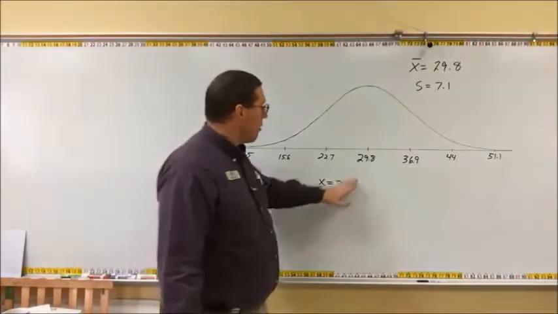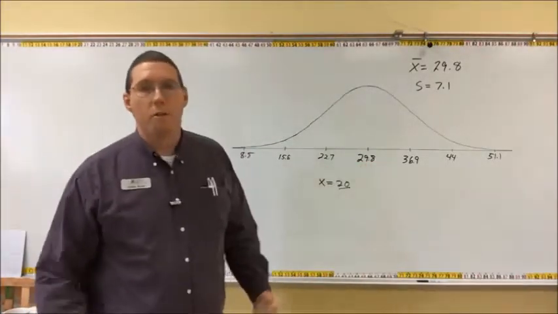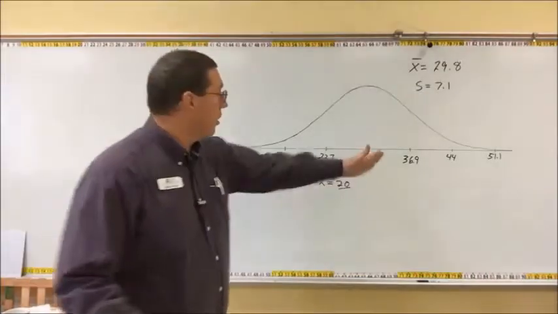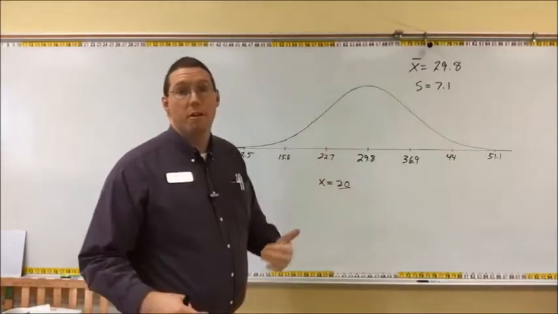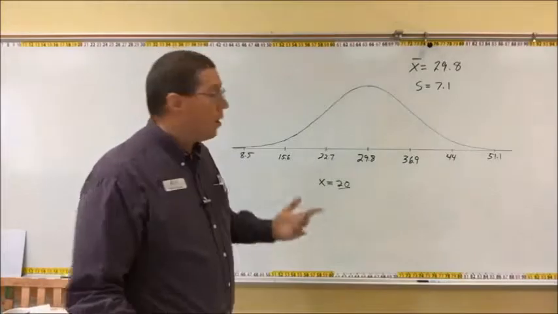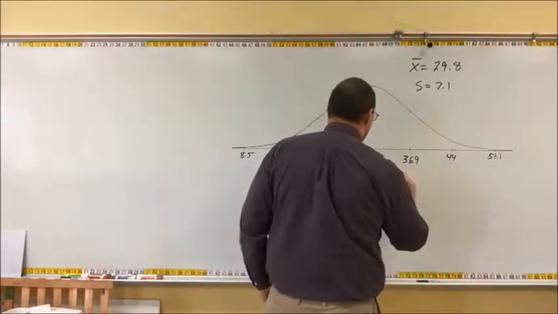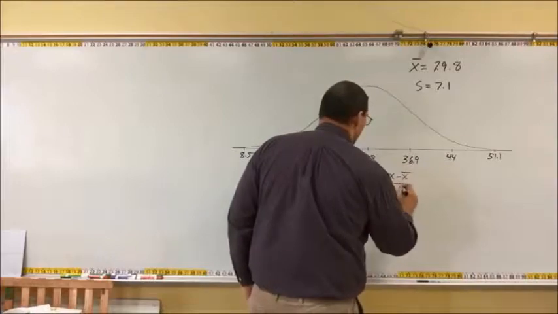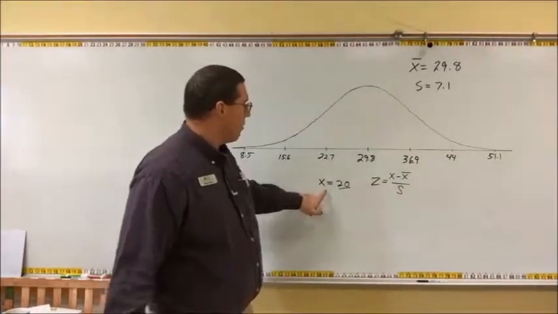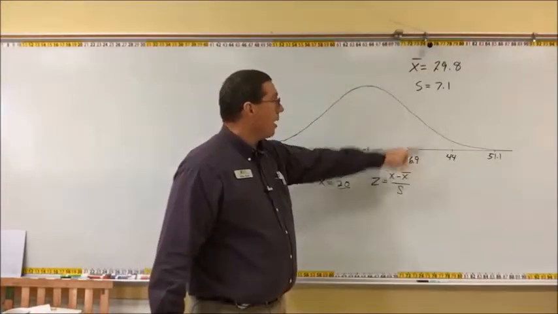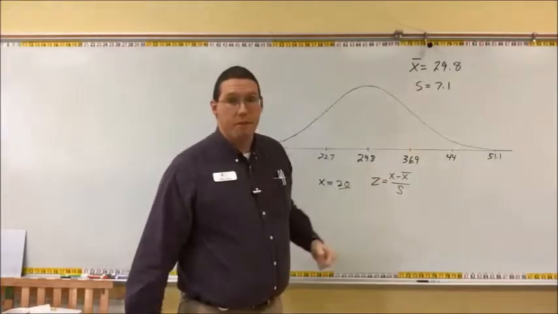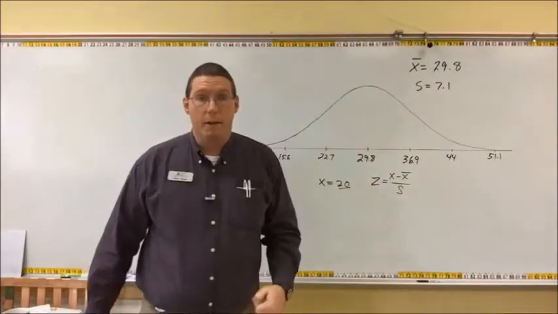Now, 20 miles an hour is less than 29.8, so obviously it's going to be to the left. It's below the mean, so that's going to be a negative z-score. And our formula for a z calculation is z equals x minus x bar over s. So we take the observation, 20, subtract the mean, and then divide by the standard deviation. Probably going to need a calculator for this.